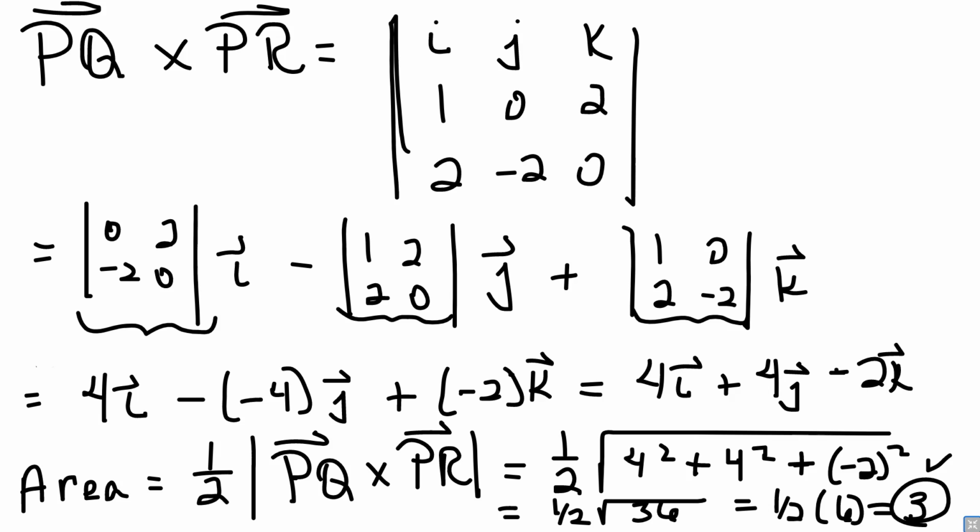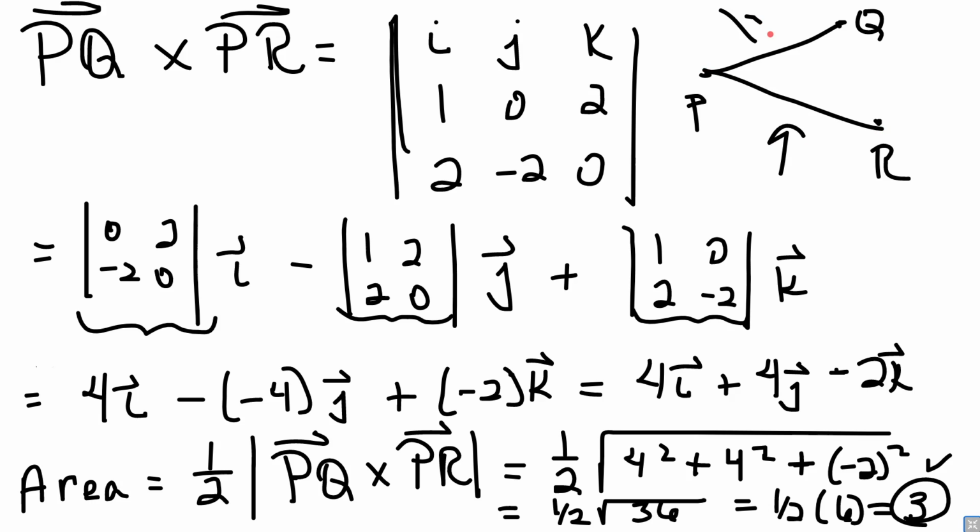Well, when you are doing this, you don't need to create a vector for all sides. You only need to create a vector for 2 of the sides. Okay. So essentially what I did was, here's point P, here's point Q, here's point R. So I created these 2 vectors here and did the cross product.